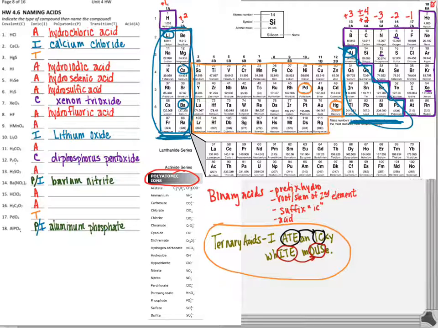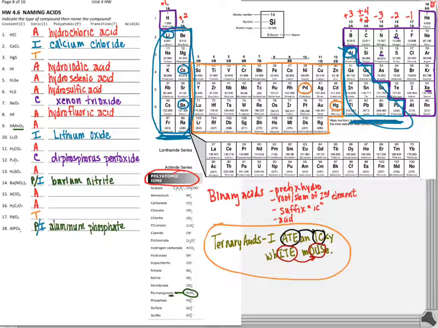So my first ternary acid is number 9, and I know it's ternary because there's 3 elements in there. And so I'm going to look for my polyatomic ion. In this case, it's MnO4. Alright, and so here it is down at the bottom. MnO4, and here it is. So again, it's permanganate.